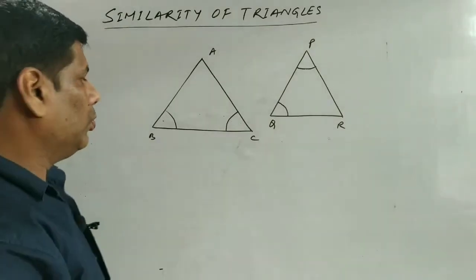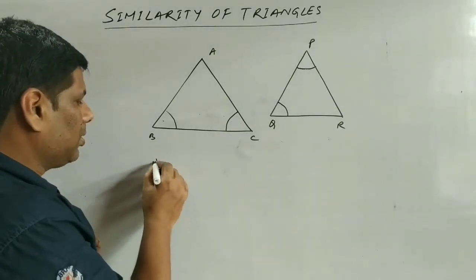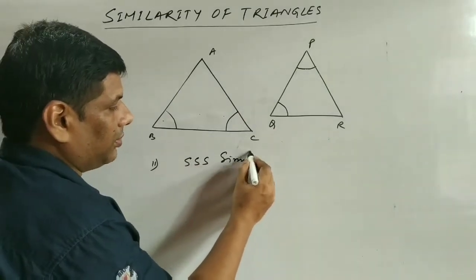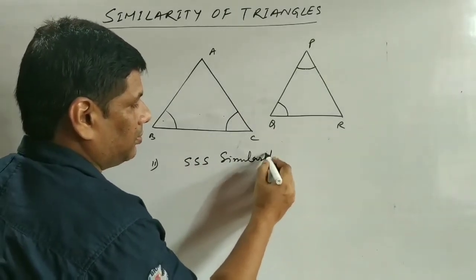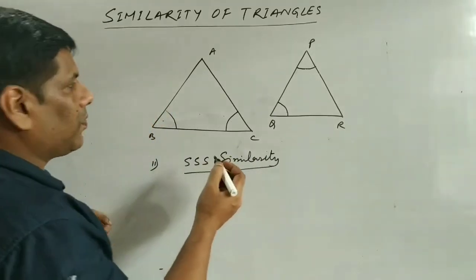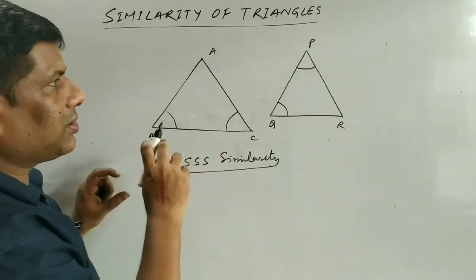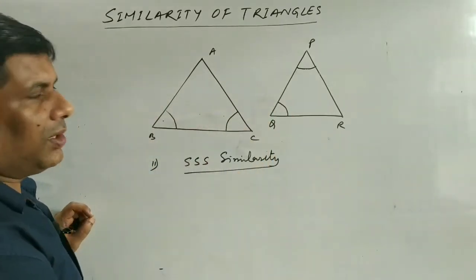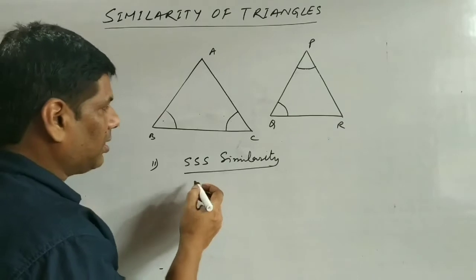Moving to the second, SSS similarity is also there. SSS similarity means if the ratio of corresponding sides of one triangle are equal to corresponding sides of another triangle.